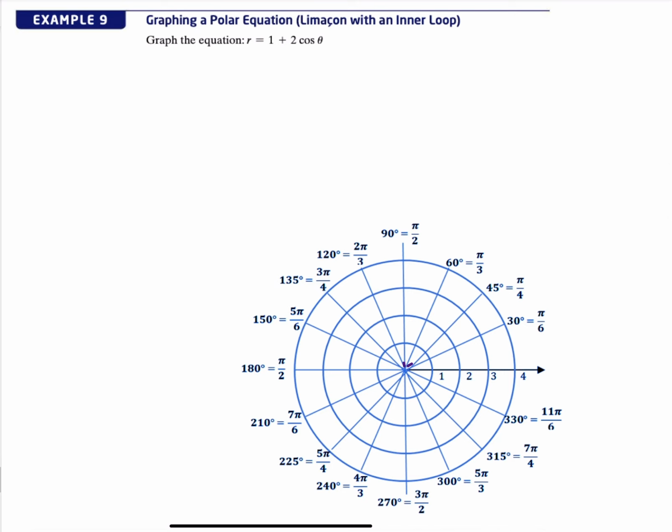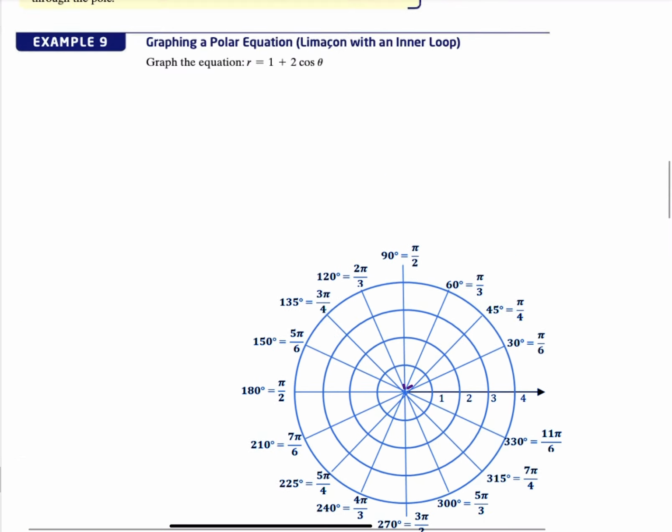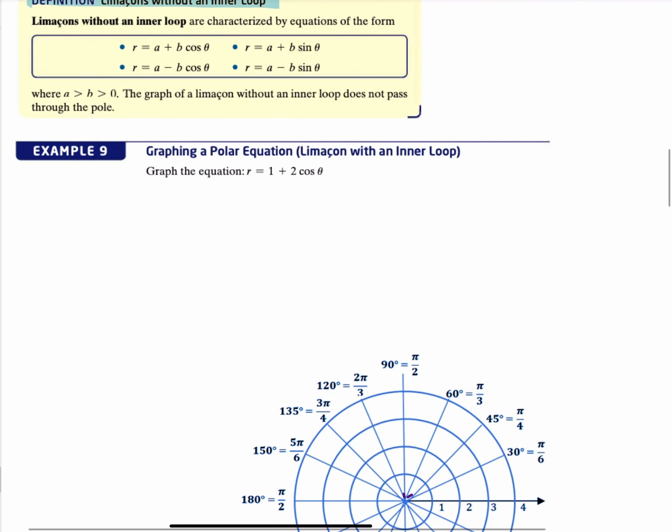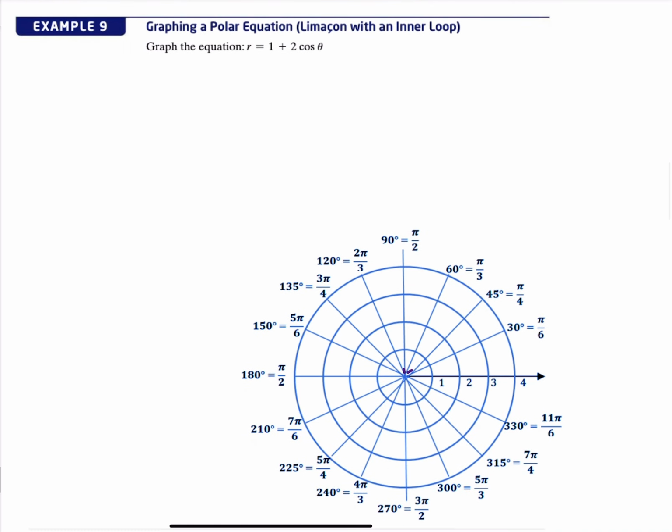All right, let's see an example of one with an inner loop. So I think this is characterized where this value next to the trig function is greater than the other value. And we have the cosine. So that means we should expect similar symmetry across the x-axis.